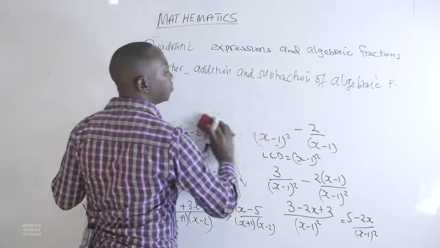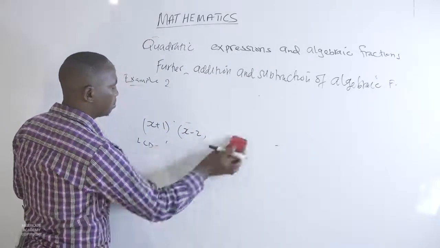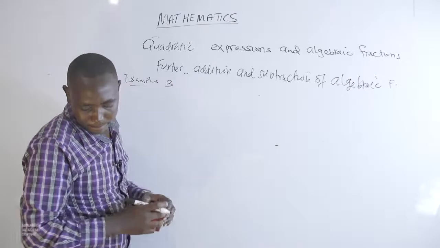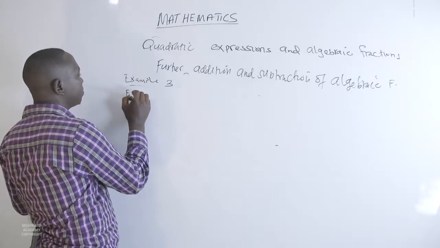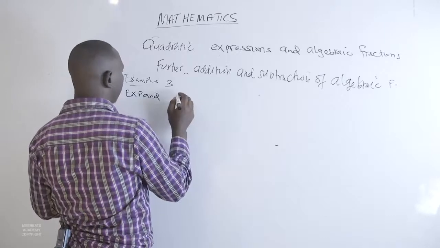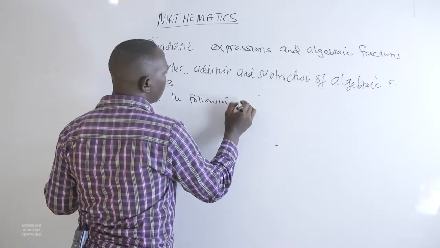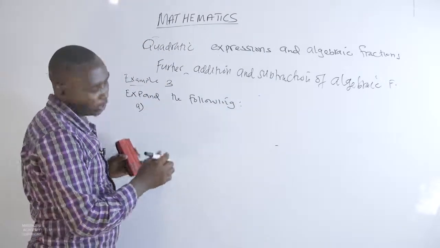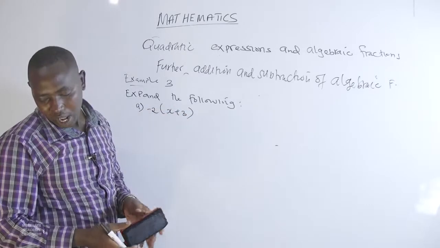Example 3. We are told to expand the following. A: negative 2 into x plus 3.